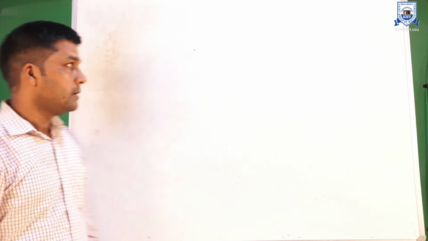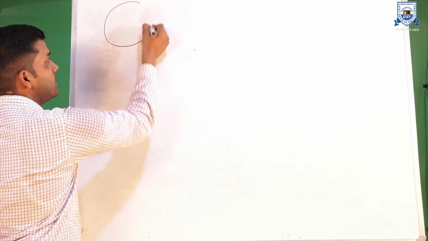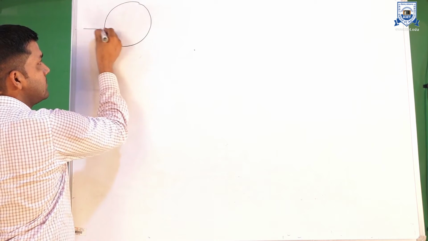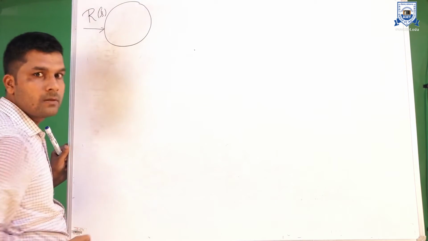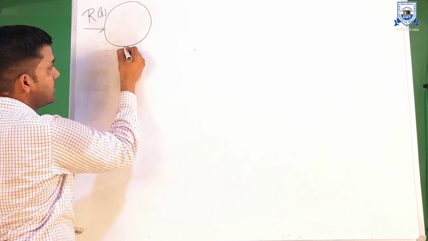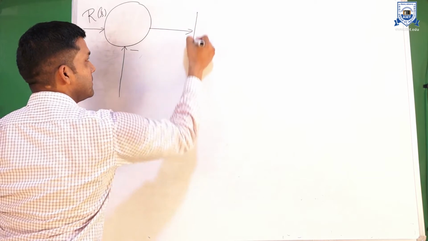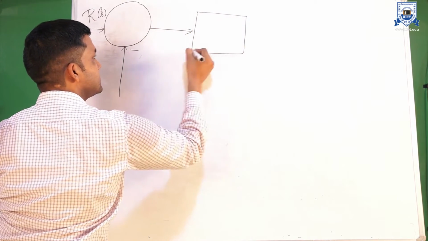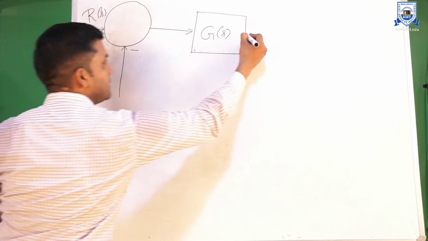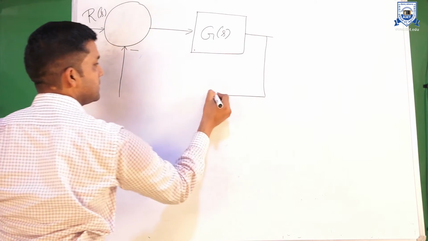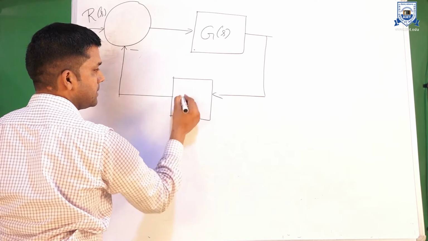Now, if we have a control system having reference input R(s), negative feedback, G(s) and H(s).